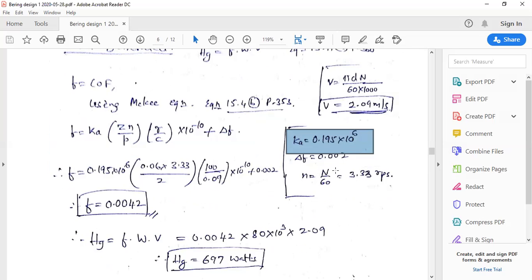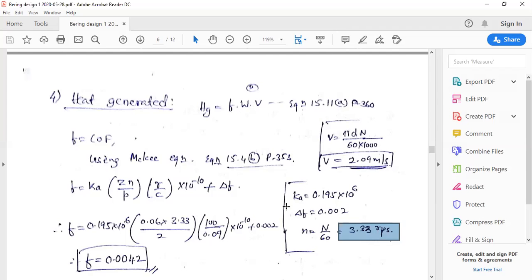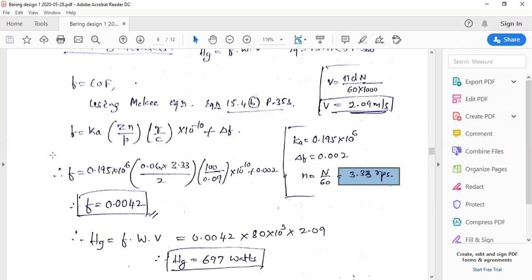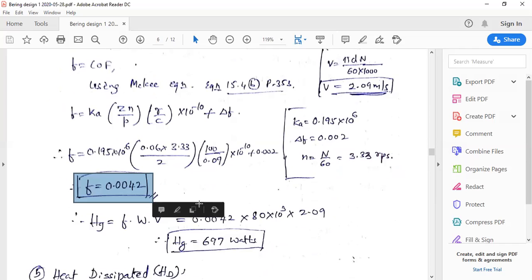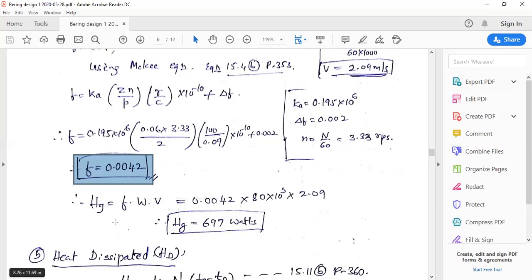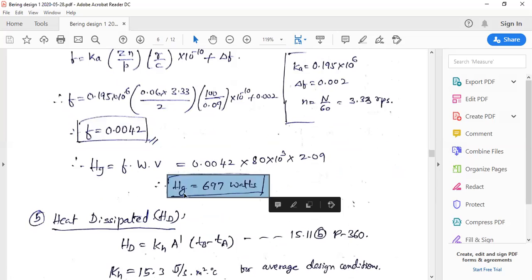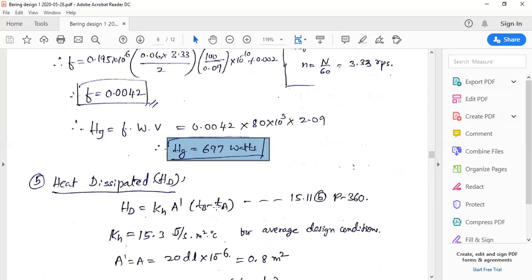Small n is 200 rpm divided by 60, that is 3.33 revolutions per second. The value of f obtained here is 0.0042. So the heat generated Hg is f into W, that is 80 into 10 raised to 3, into V, that is 2.09. The Hg value obtained here is 697 watts or joules per second.